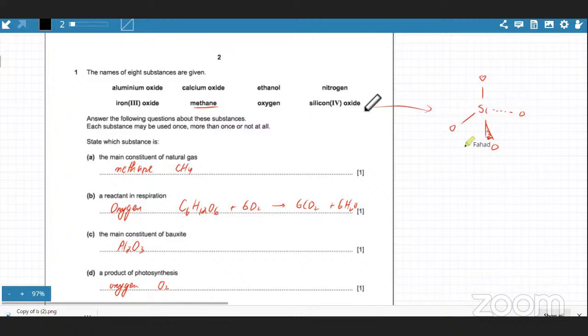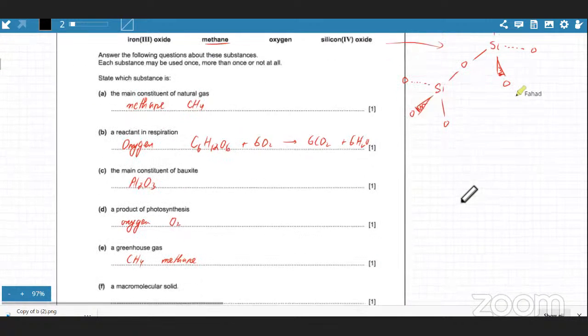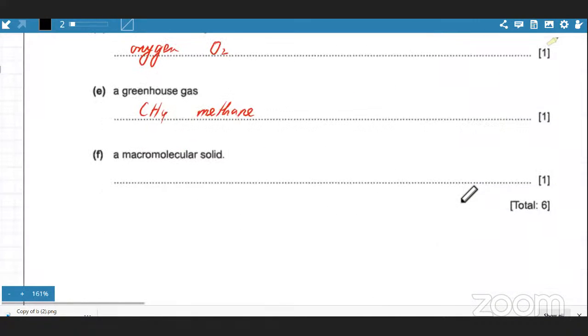The oxygens are further bonded to silicon, and then the silicon is further bonded to oxygens, and the structure just keeps on repeating. Each silicon atom is bonded to four oxygen atoms, and each oxygen atom is again bonded to silicon.